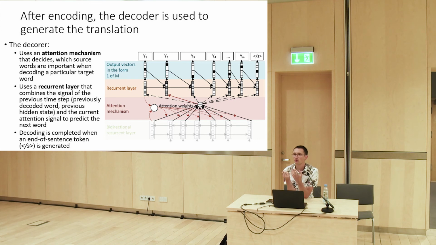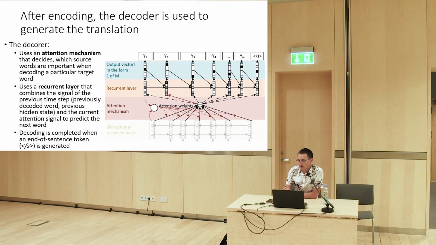We need to know which word in the source corresponds to a word in a translation. So we need to have the alignments from source to the target. And the attention mechanism, because it pays attention to what is important when we decode a certain word, can be used to acquire those alignments.